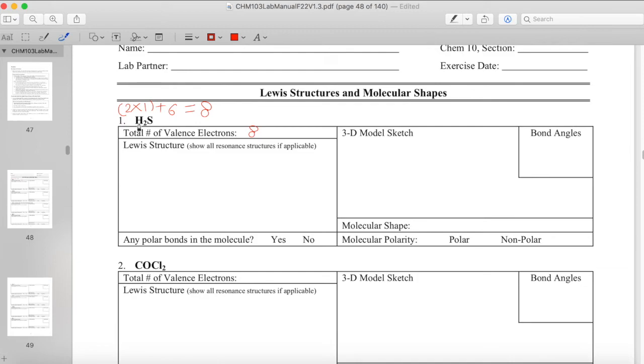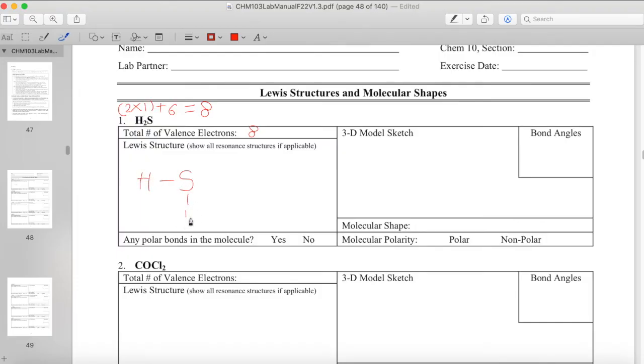So it's very lousy as a central atom because only one thing can stick to it. So if your first element's hydrogen, then that's not your central atom. Go to the next thing, which in this case is sulfur. So sulfur is going to go in the middle here. There are two hydrogens, so draw each of them connected to your sulfur.